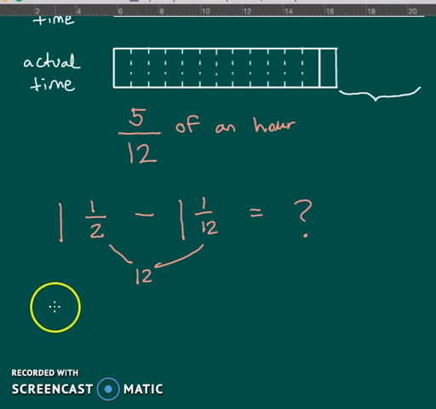So let's change these so that their denominators are the same. So 1 over 2 is the same as 6 over 12. And we're going to subtract 1 and, well, the denominator here is already 12, so we can just leave that.